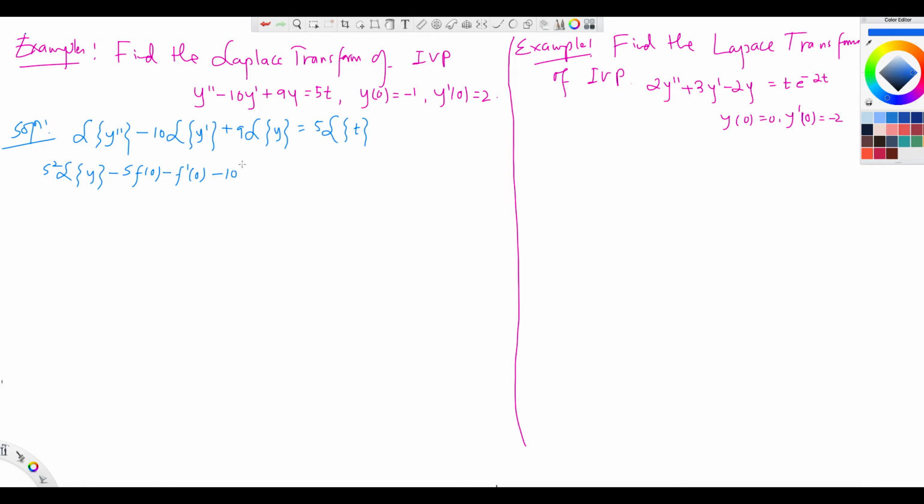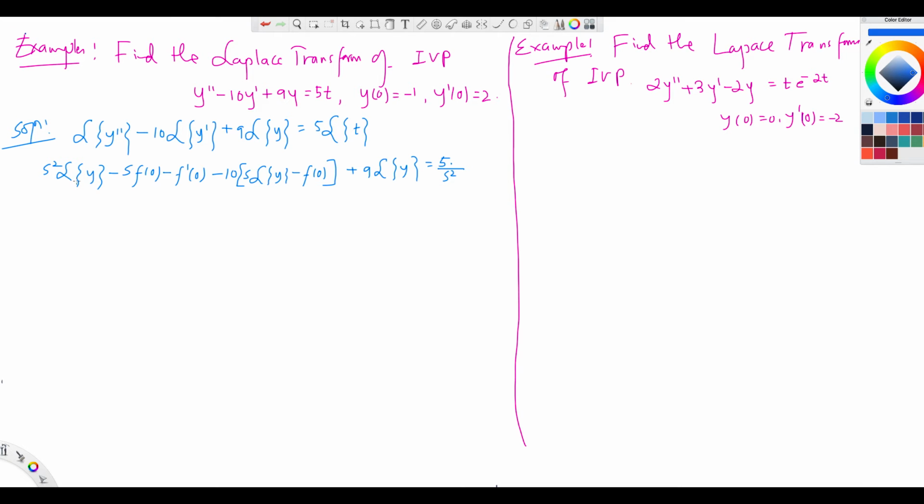Let me write inside the bracket: s times the Laplace transform of y, and then minus f(0). That is the formula for the Laplace transform of y prime, plus 9 times the Laplace transform of y, equals 5 times, what is the Laplace transform of t? The Laplace transform of t is 1 over s squared, so I will write just 5 over s squared there.